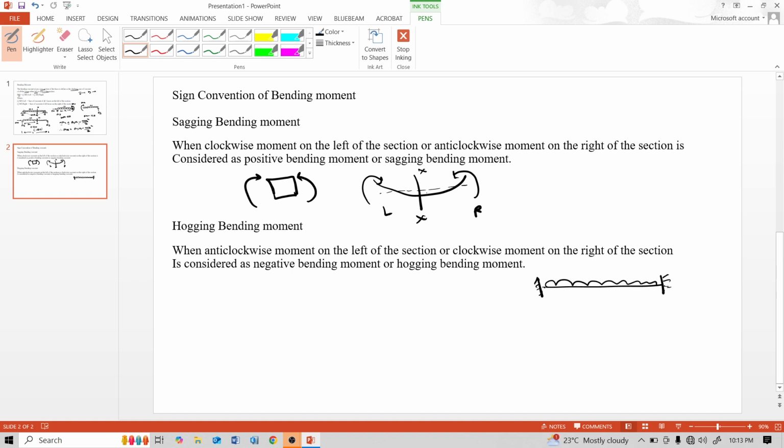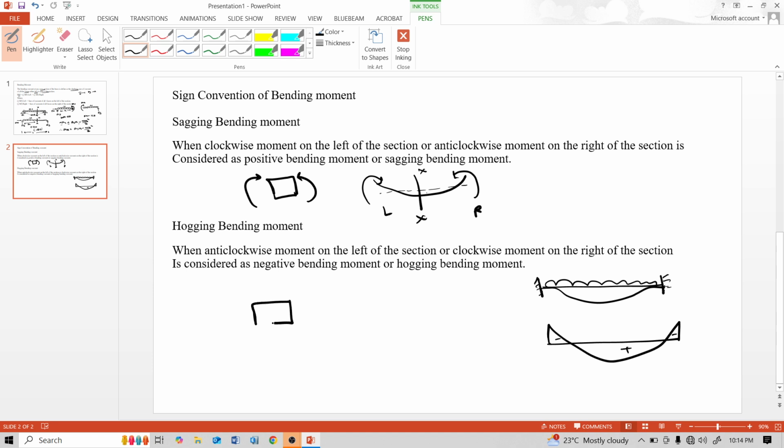This beam deflects this way. At supports there is no deflection. That's why the bending moment of this beam is like this: negative, negative, positive. This negative is hogging bending moment.